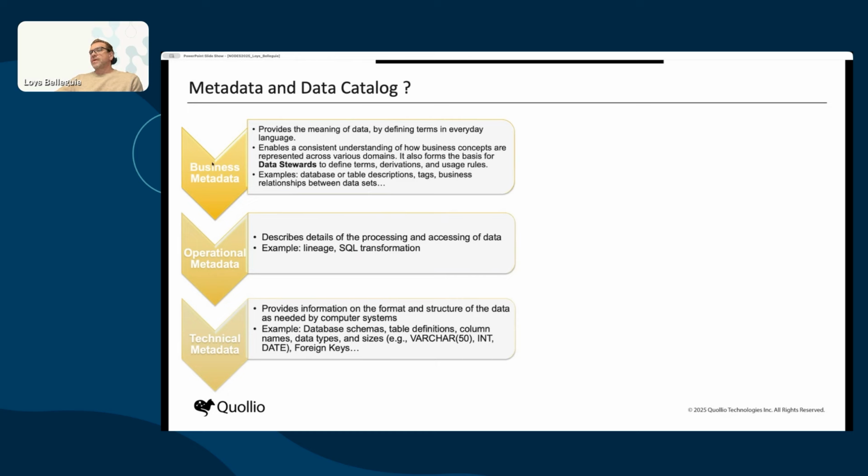But the most important for us today is what we call business metadata. That means everything that describes the data in a human-readable or more business-oriented way, for example table descriptions, tags, or business relationships between data sets.